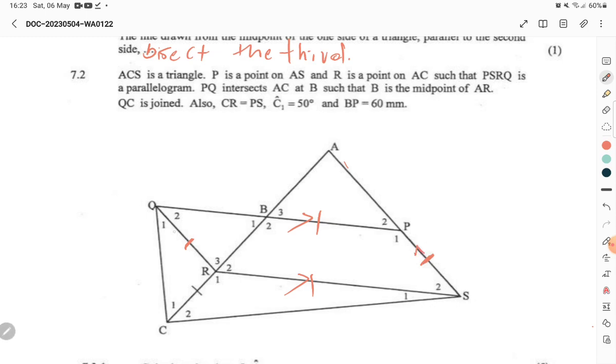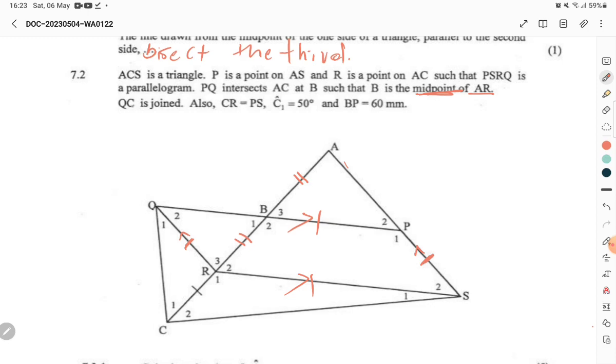We can also indicate these parallel sides. Then we are given that PQ intersects AC at B, such that B is the midpoint of AR. Since this is AR, and B is the midpoint, it divides the line into two equal halves. So we have that information.